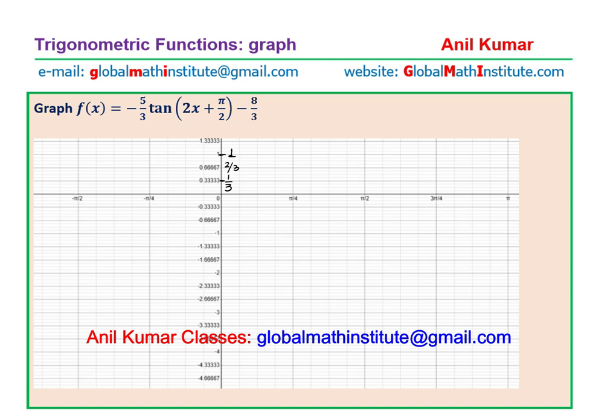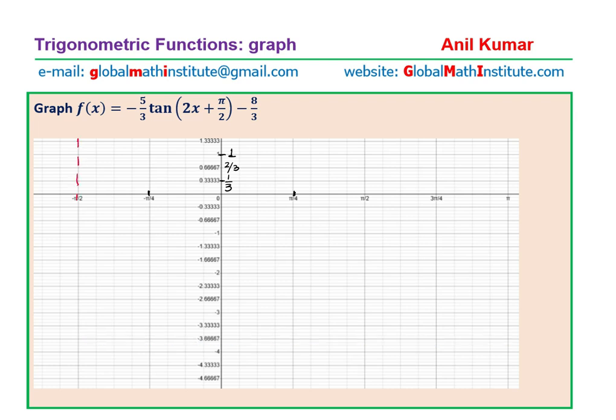Since the translation was pi by 4, we have pi by 4 here. Do you see this pi by 4 plus and pi by 4 minus? Now, we know that the vertical asymptotes are at minus pi by 2 and 0. So, I could draw the vertical asymptotes here.